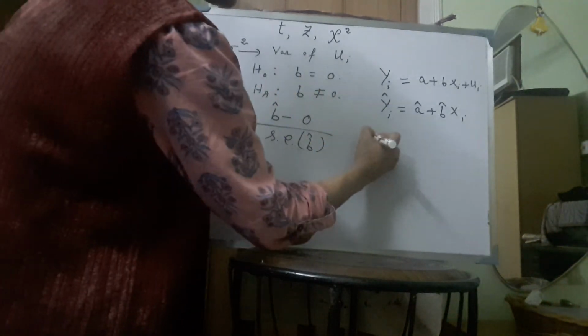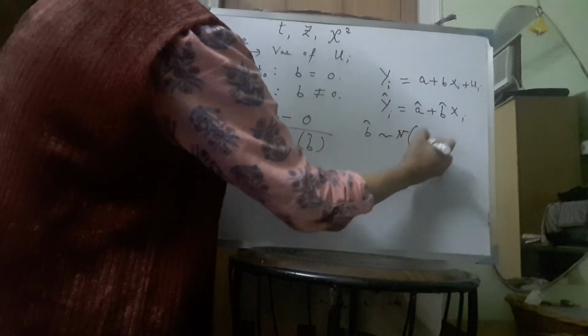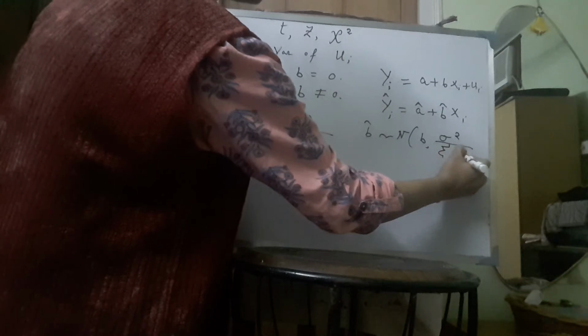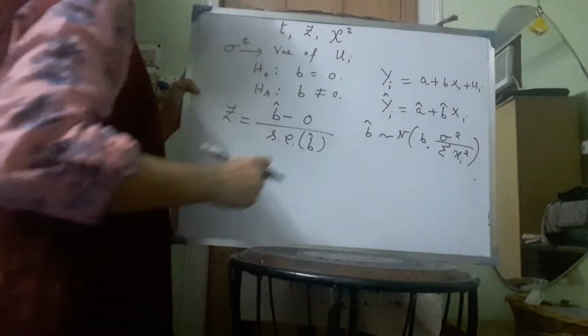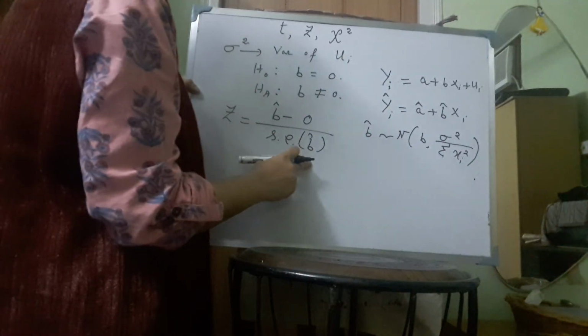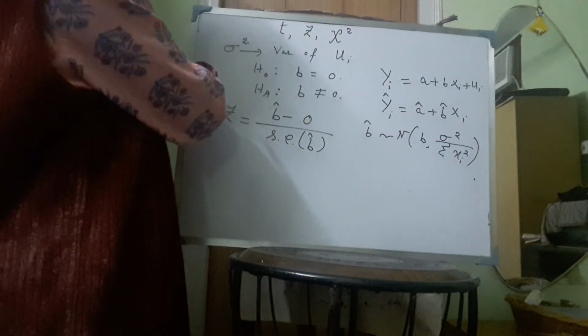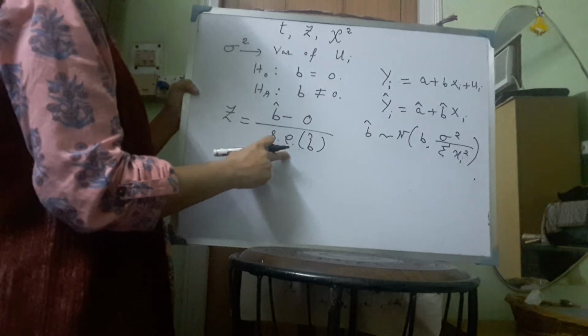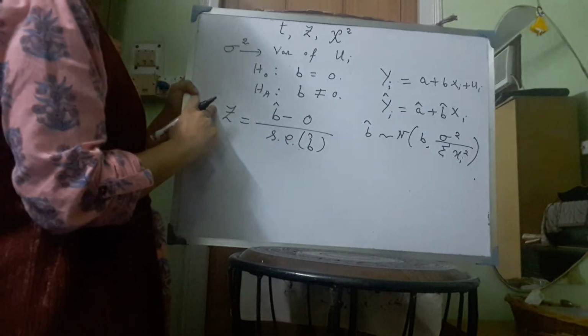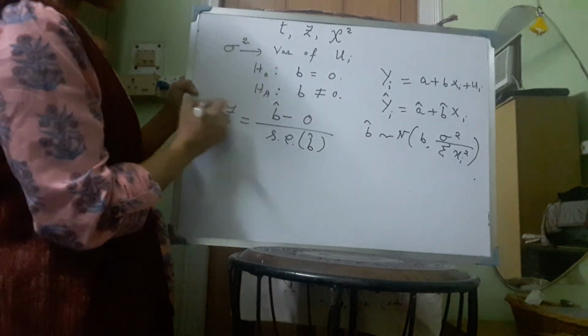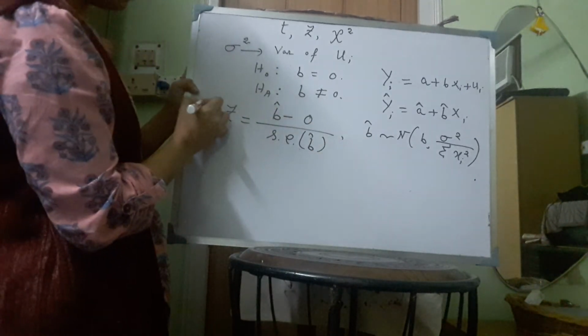Now we know that b hat follows a normal distribution with mean b and variance sigma square upon summation of small xi square. So standard error of b hat is under root of sigma square upon summation of xi square. We put that here, and accordingly we get the Z statistics. This is the case if sigma square is known.